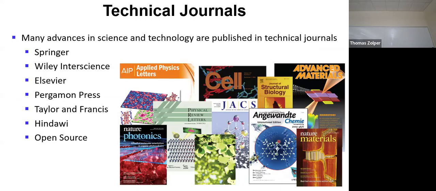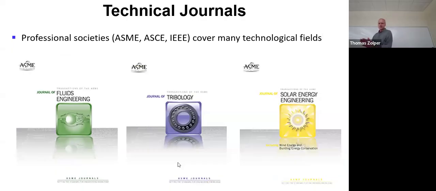Now, continuing on with technical design information, we've got so-called scientific or technical journals. This is just a depiction of some of the big impact factor ones: Applied Physics Letters, structural biology, Advanced Materials. I know the editor for that one. In fact, I've got technical writing guidelines based on that.